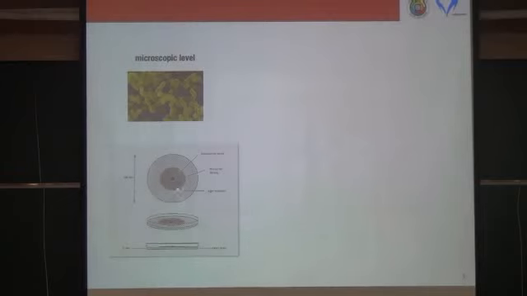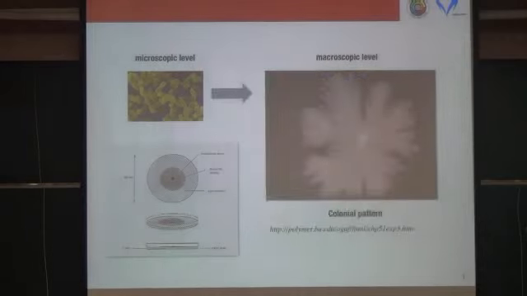Then they make colonies by growing and also cell division. Okay. And this is one example here. So after some time, we can see a colonial pattern. Okay. But the point is they can move only in a random way. Okay. That's the point.